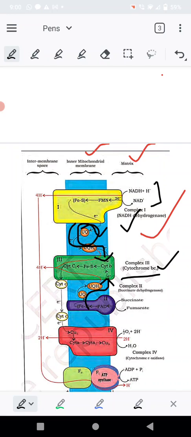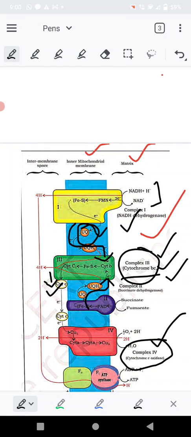After this, from complex 3 the electrons are transferred to cytochrome C. Cytochrome C acts as a mobile carrier. It connects complex 3 with complex 4, so complex 3 and complex 4 are connected to each other via cytochrome C.